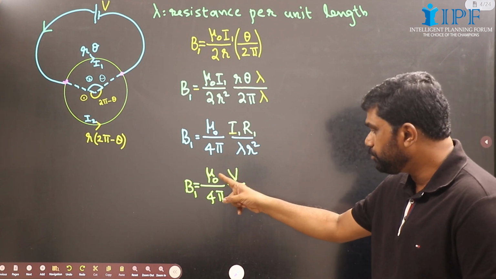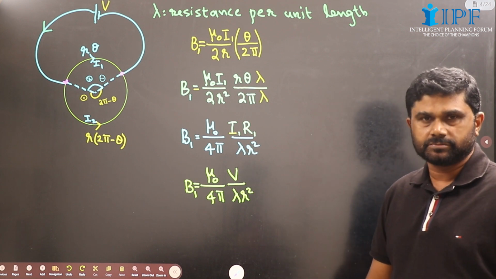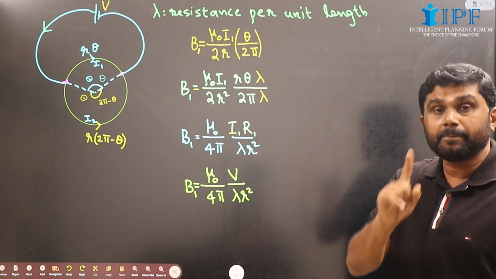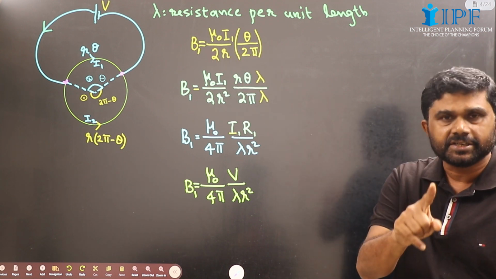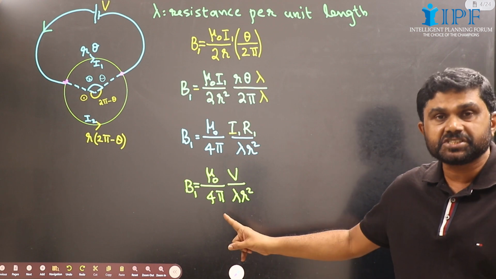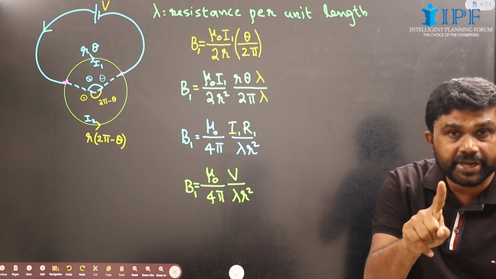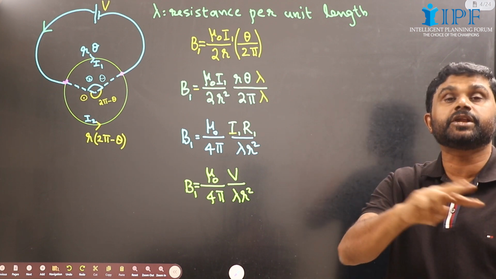Mu 0 by 4 pi is the same for both the upper and lower arcs. Voltage is the same for upper and lower arcs. Lambda, resistance per unit length, is the same for both the arcs. Radius is also the same. So if this is the magnetic field at the center due to the upper arc, the same will be due to the lower arc at the center, but these two will be in opposite direction.